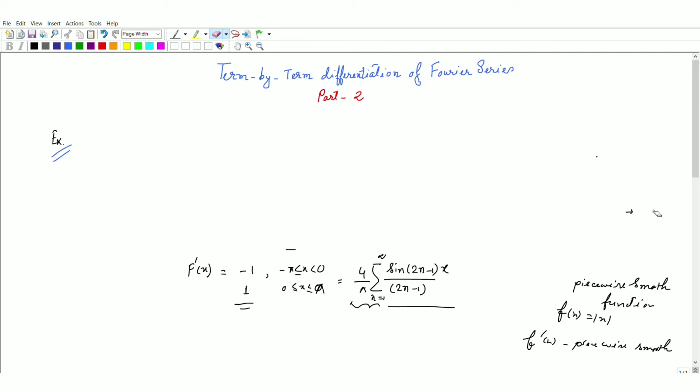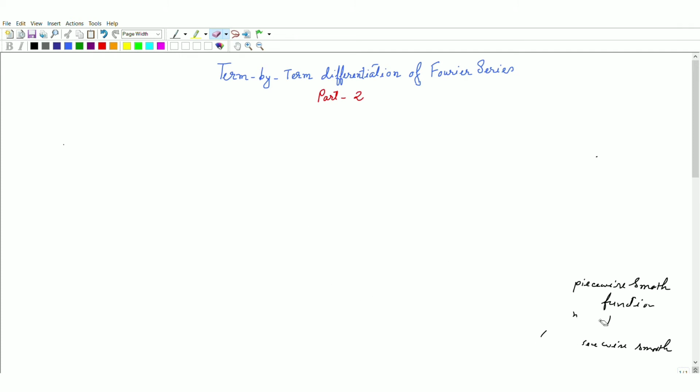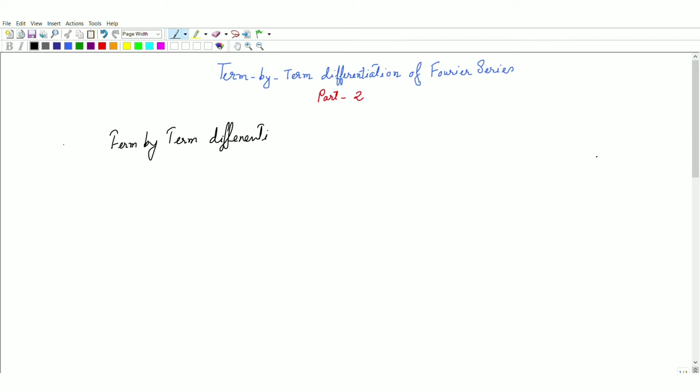Now, the cosine series is sometimes called the half range cosine series, or simply the half cosine series.